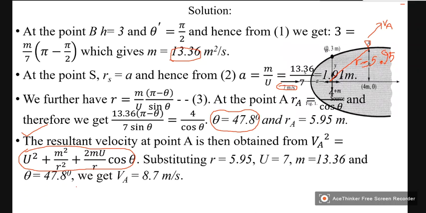If you substitute, you will get the answer: VA is equal to 8.7 meters per second.